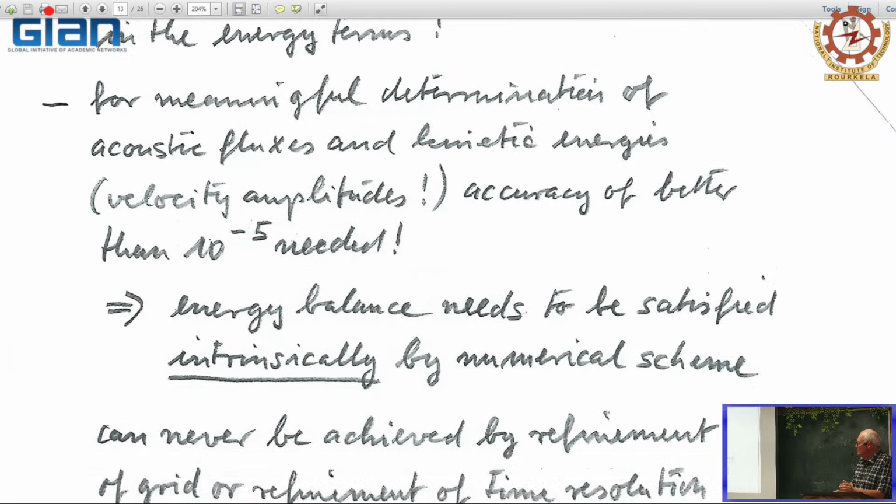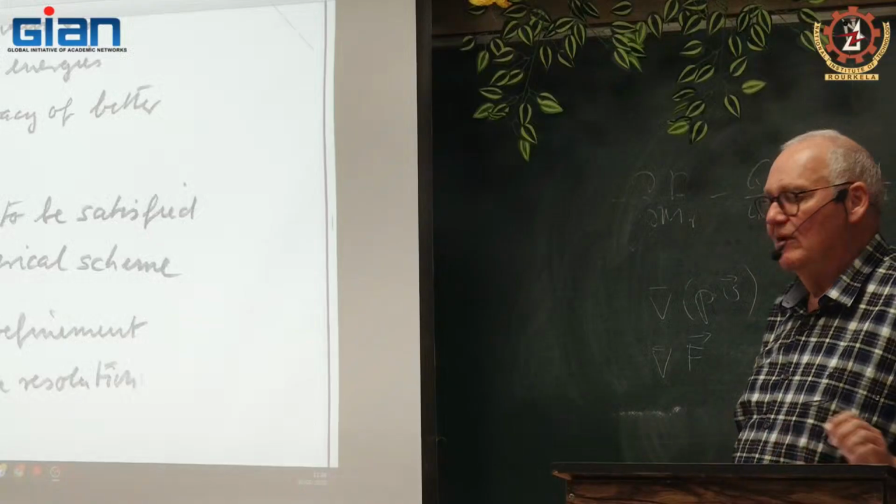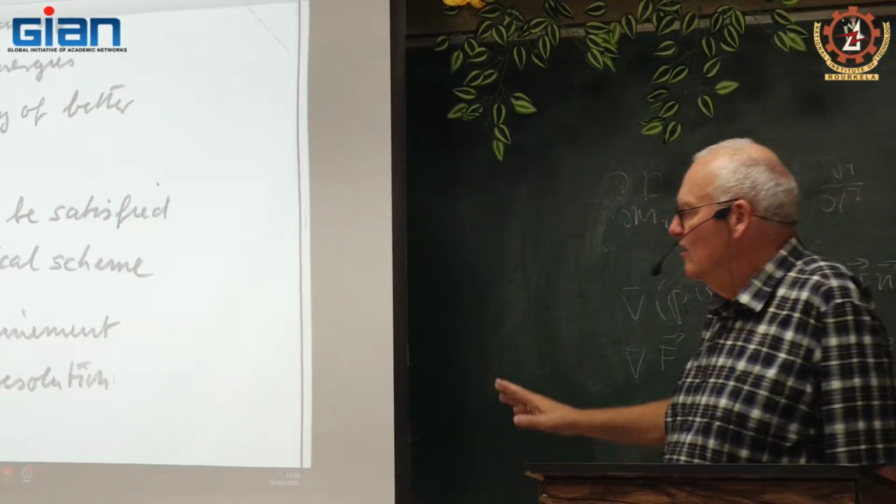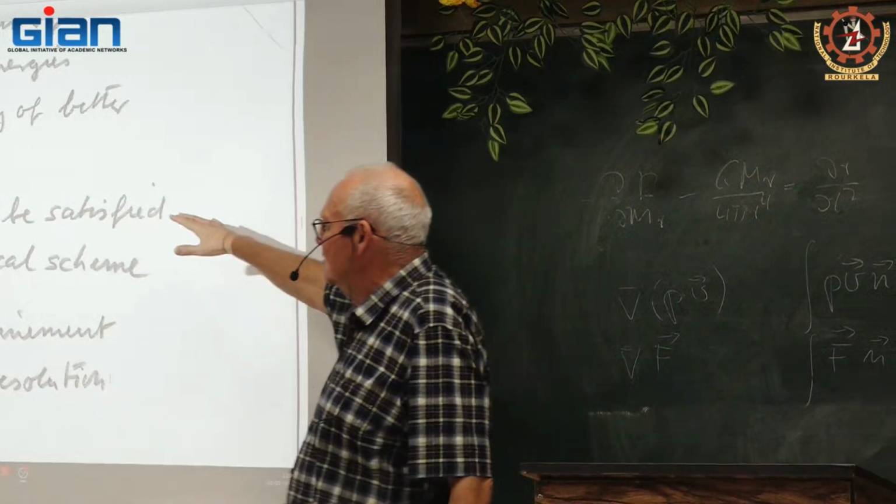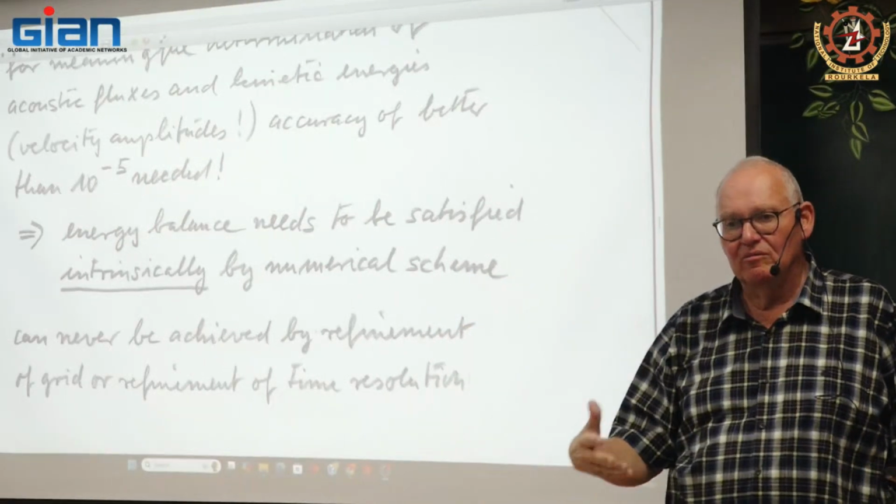Well, that means that the energy balance needs to be satisfied by the numerical scheme intrinsically. You cannot achieve this accuracy simply by a refinement of the grid or by a refinement of the time integration. It can never be achieved by grid refinement or refinement of time resolution. So you need to build the energy balance into your numerical scheme.